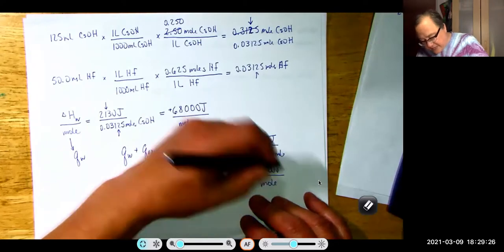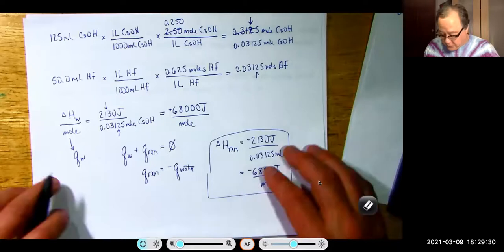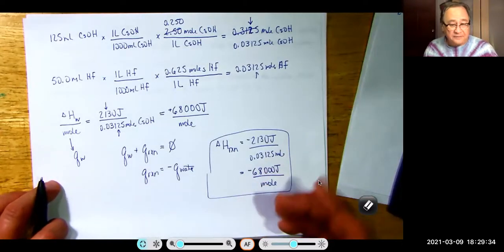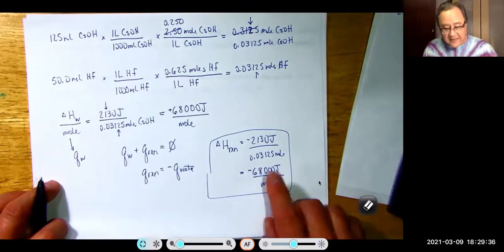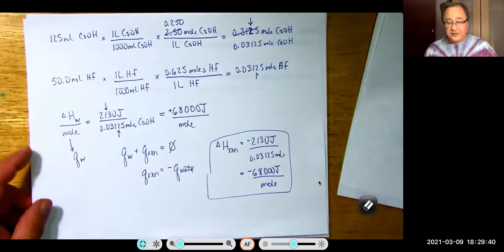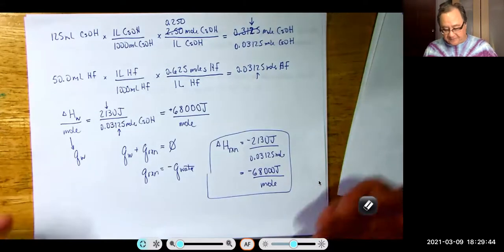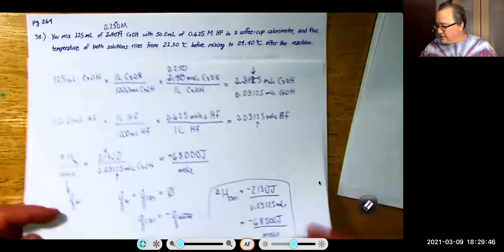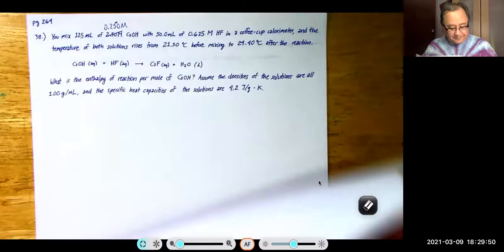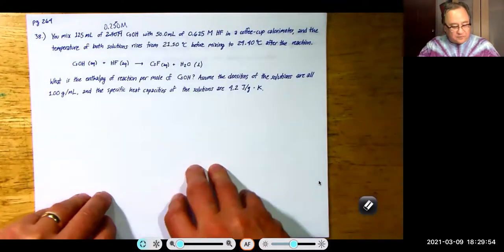And that's how much energy is leaving the reaction. Where's it going? It's going into the water to heat it up. So this is a negative value. All right, so that is a very interesting problem with many facets to it. Okay, so let's put all of that away. And let's go to the next problem.